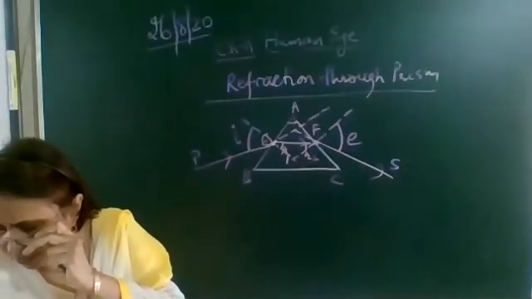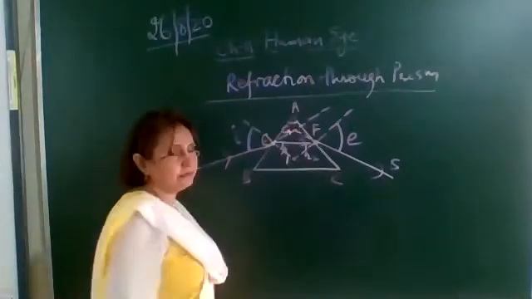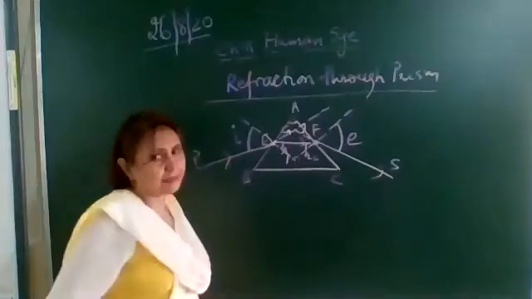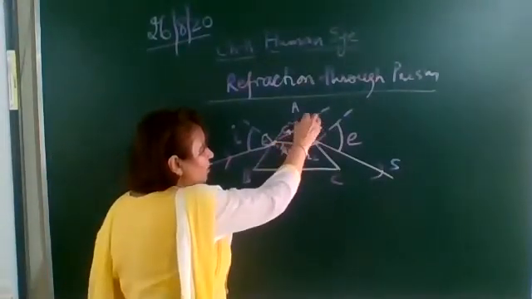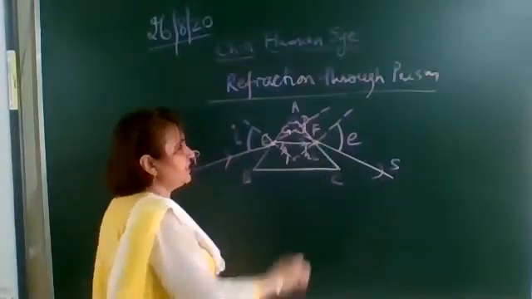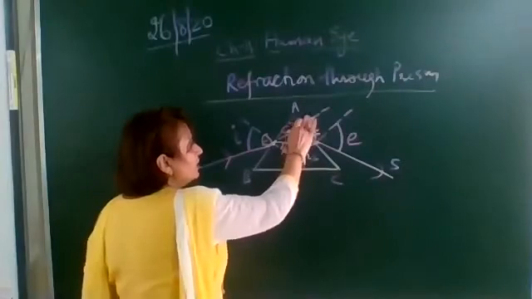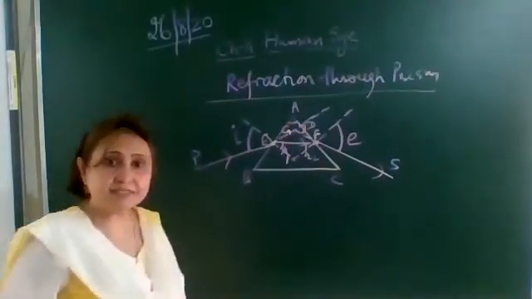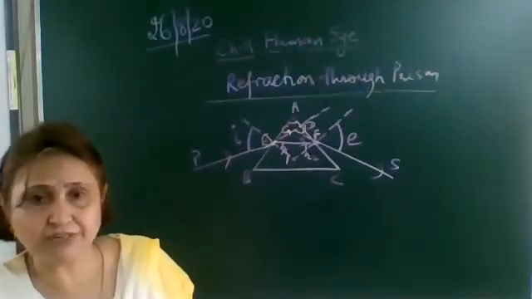Let us name this point as G. They meet at a point G. The acute angle formed between them is called the angle of deviation. That is, the emergent ray is deviated from the incident ray.